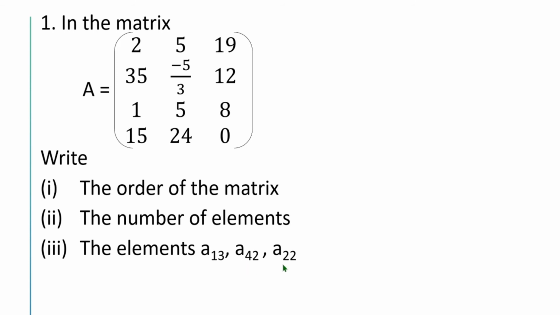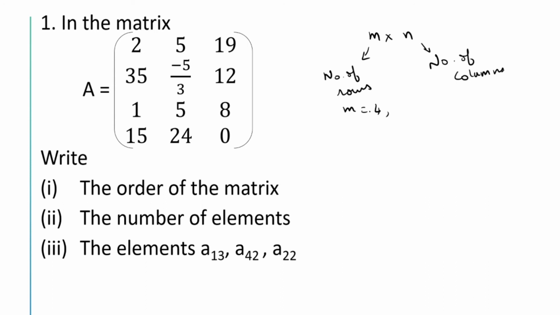The order of a matrix is m by n, where m represents the number of rows and n represents the number of columns. So here the number of rows is 4, so m is 4.